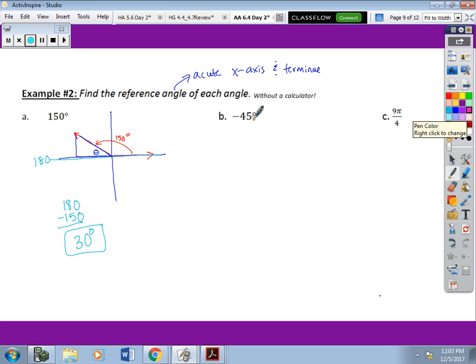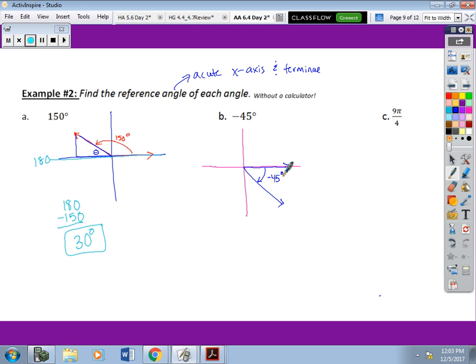Now, this one is a negative angle, which is a little bit different. How do we draw a negative angle? We go down. Okay, so the initial side's still here, but the terminal side would be here. And then there's 2 ways that you can get the answer for this one. Remember that it has to be acute.